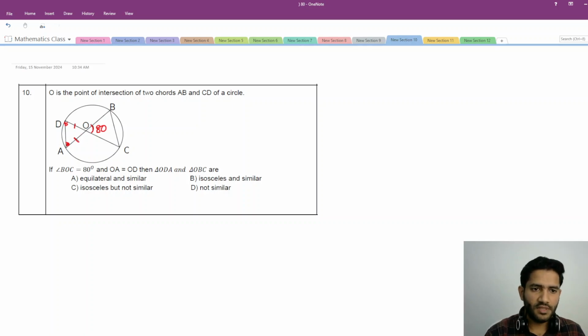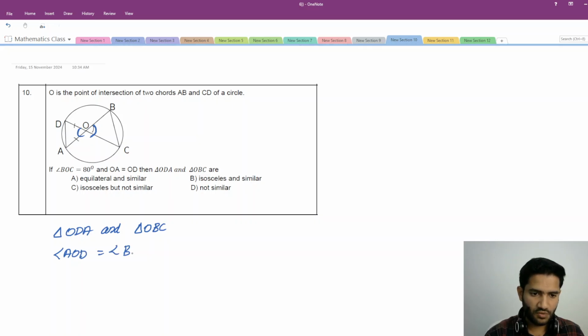Now look at here. We are considering the triangle ODA and the triangle OBC. These two angles are vertically opposite angles, so they are equal. Angle AOD is equal to angle BOC, which is 80 degree given.